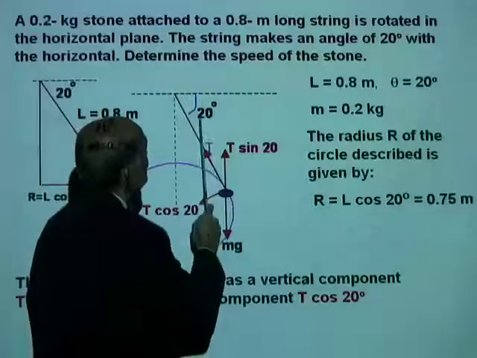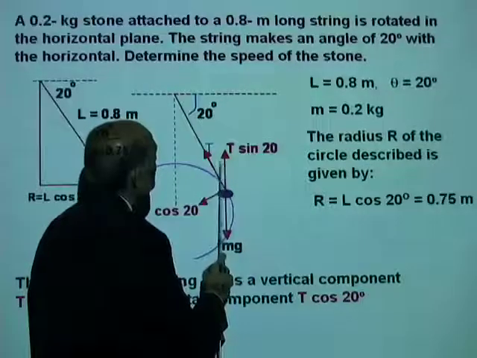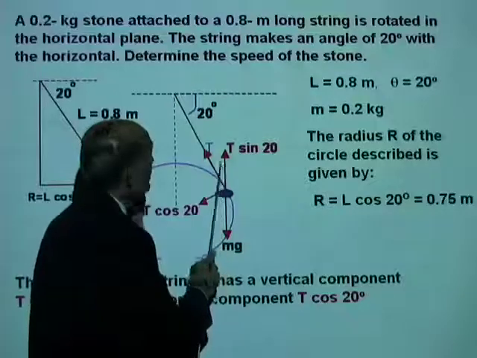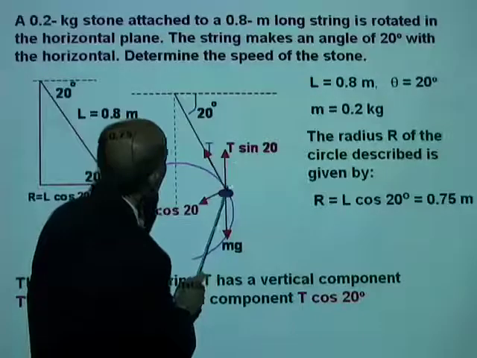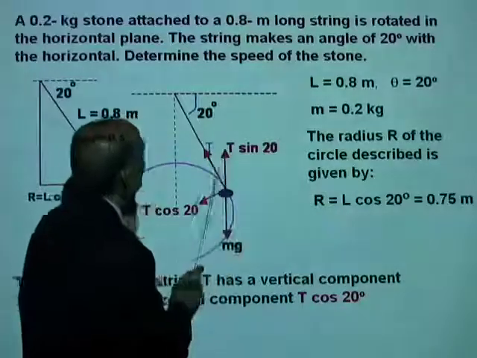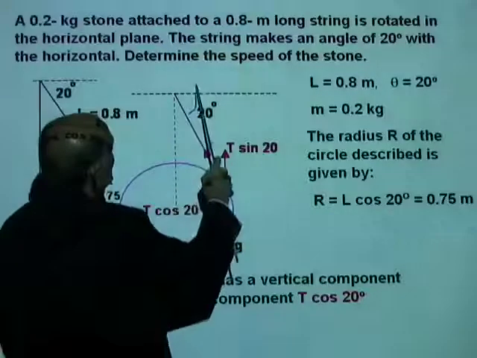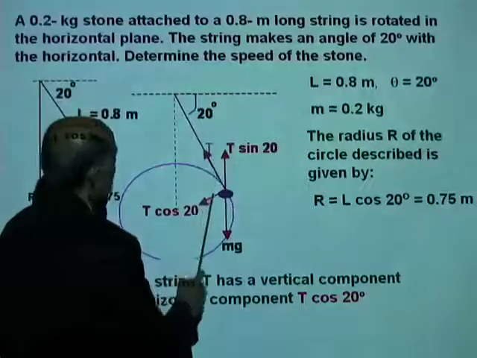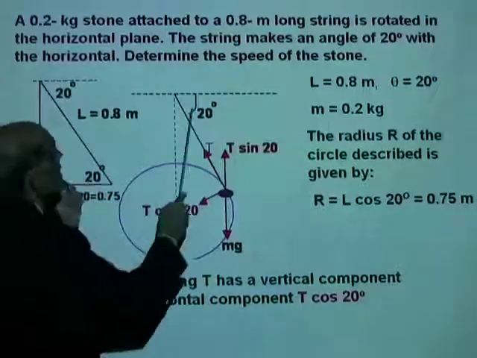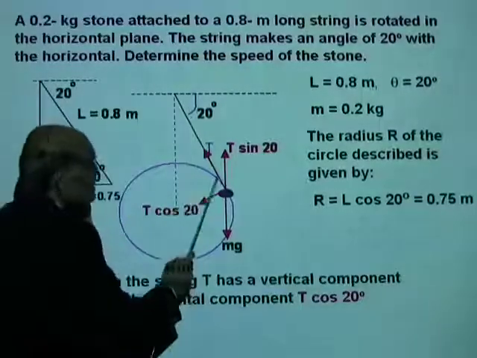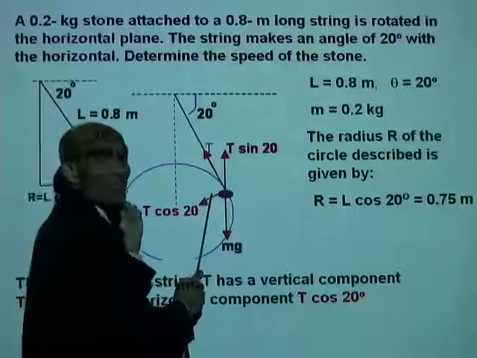Now, if you look at this, this angle will be 20 degrees. Well, no, that angle won't be 20 degrees. We already said it is this angle that will be 20 degrees, which is this. So if this angle is 20 degrees, this will be 20 degrees.